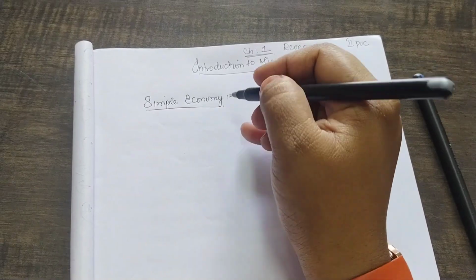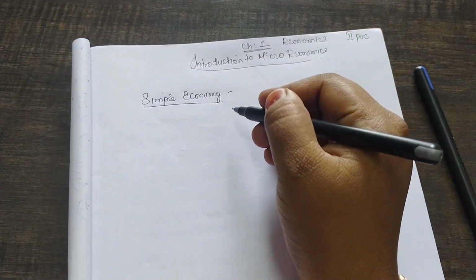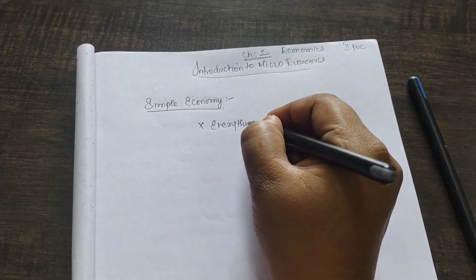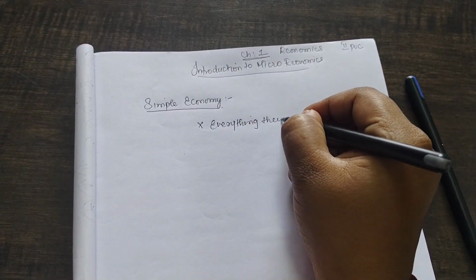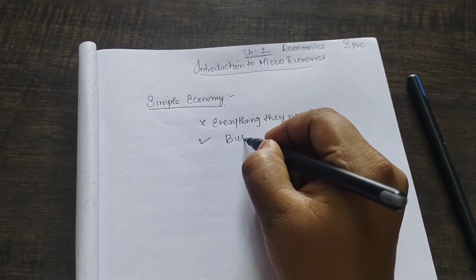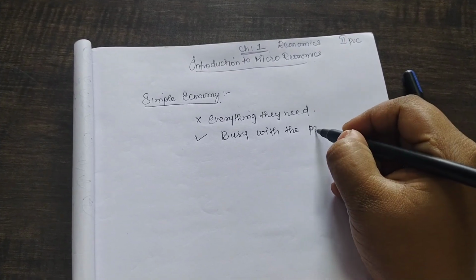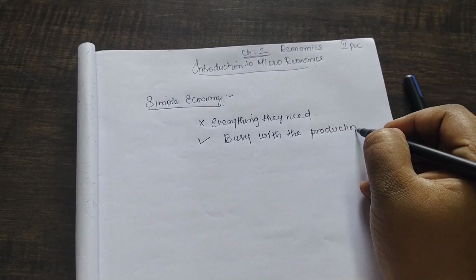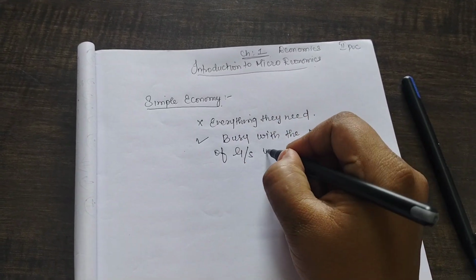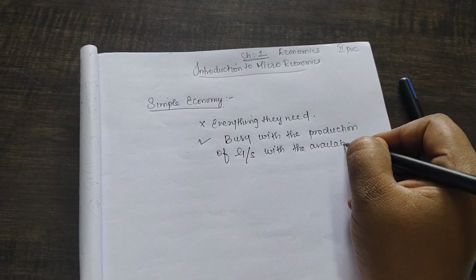A simple economy is all about the fact that every human being cannot produce everything they need. But every individual is busy with the production of goods and services with the available resources and technology.